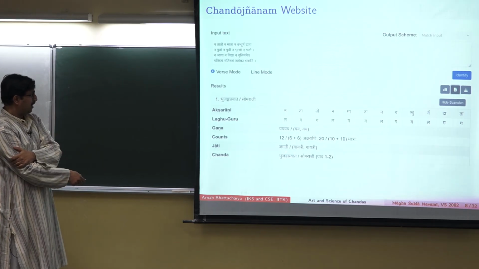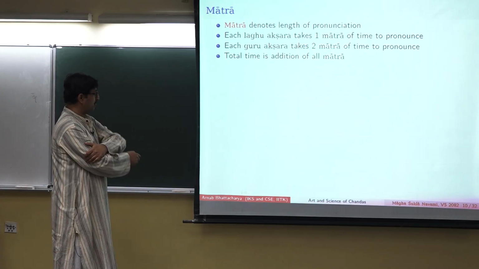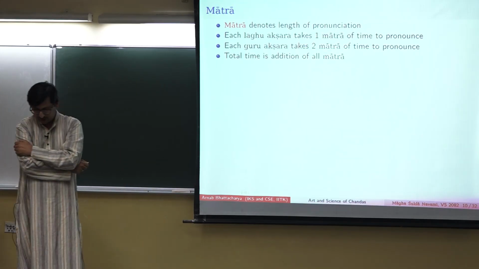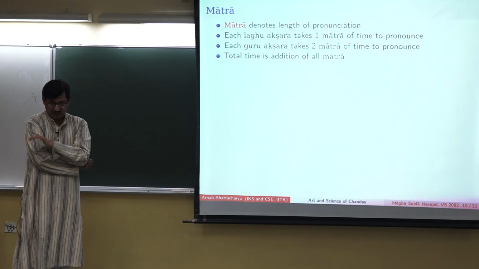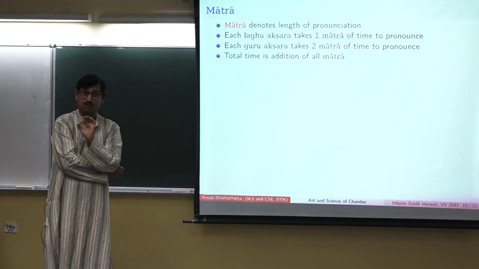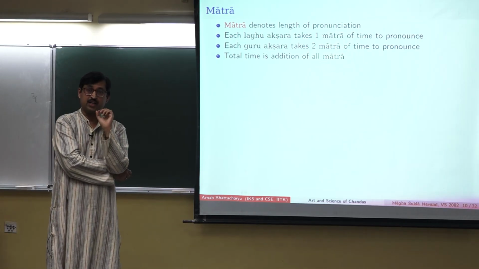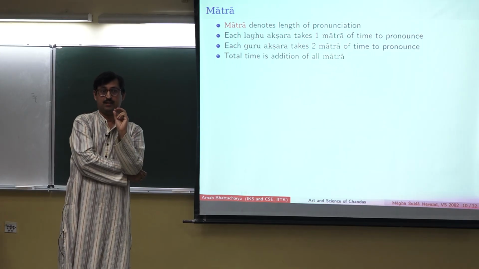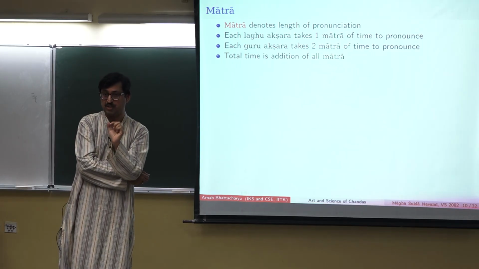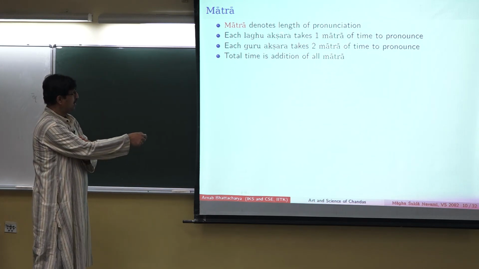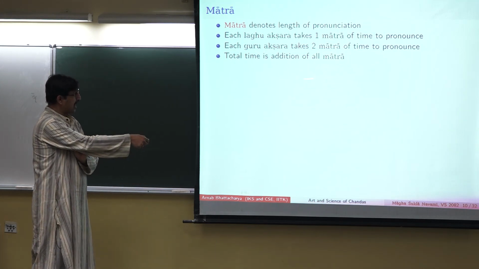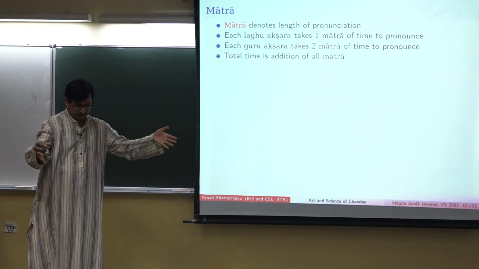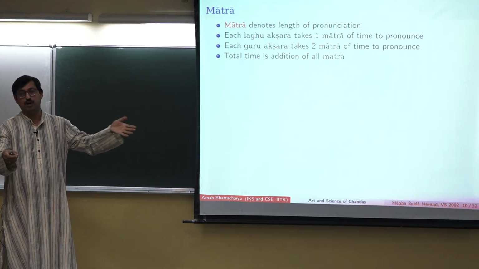Okay. And let me not spend time on this. So the other thing, besides akshara, is matra. I started by saying Laghu takes one matra and Guru takes two matras. So this entire thing is how much time you take to pronounce. That is called matra. So now the total time of a sloka is that you add up all the matras.